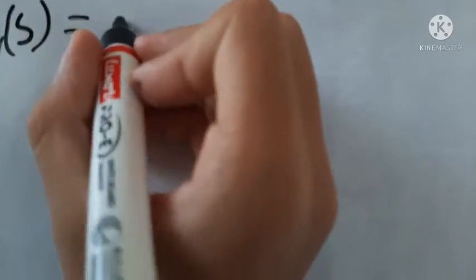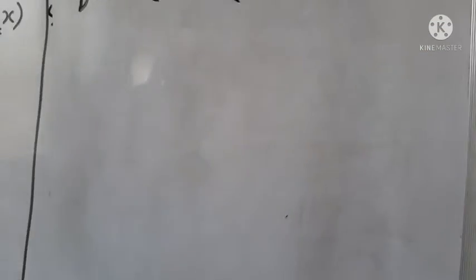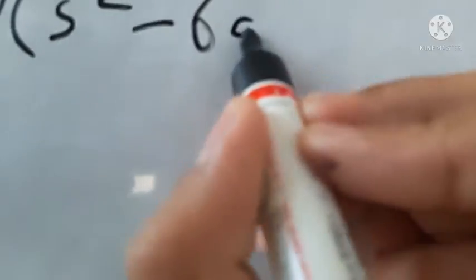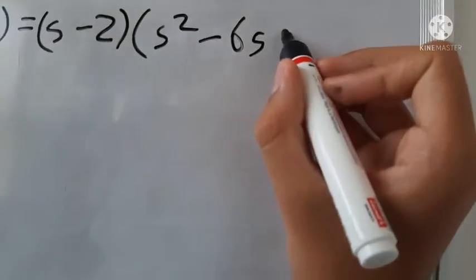So our q of s is equal to s minus 2 times, the k was s squared minus 6s plus 1 over 2.